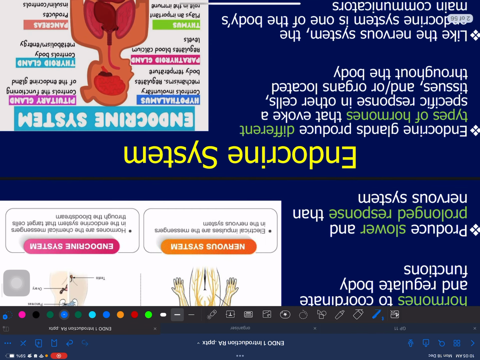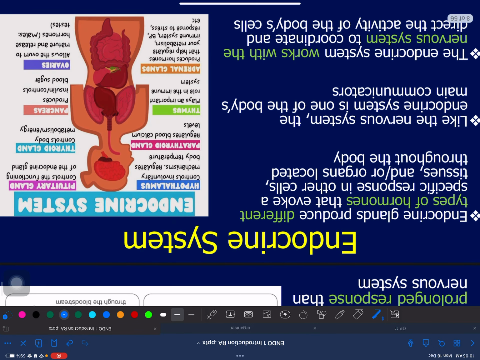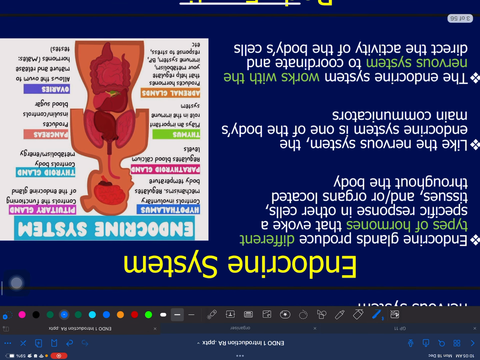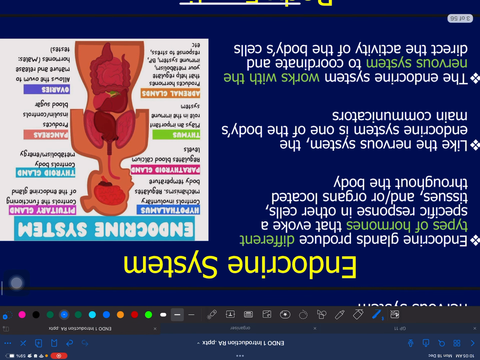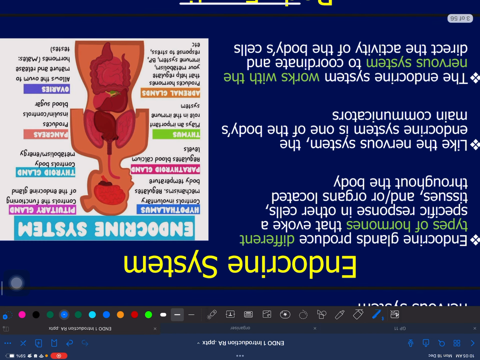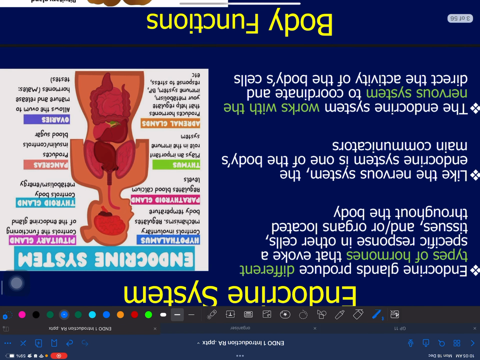Each organ of the endocrine gland secretes different types of hormones. It is a main communicator, other than the nervous system, and it also works with the nervous system. For example, the posterior pituitary works with the nervous system as well.